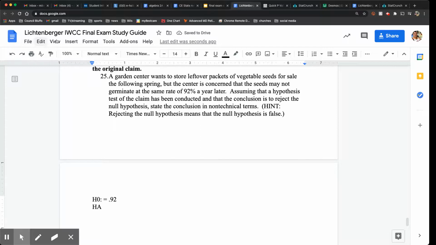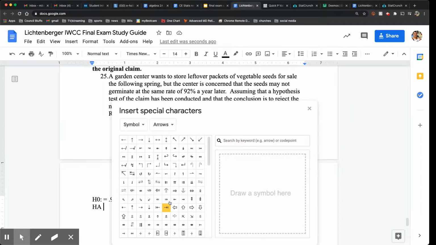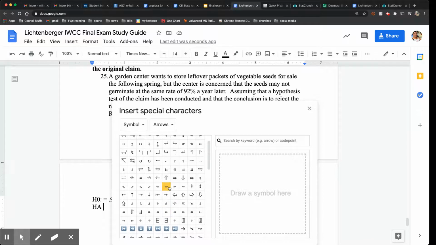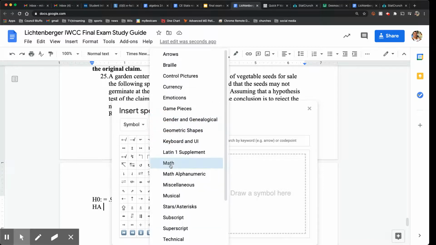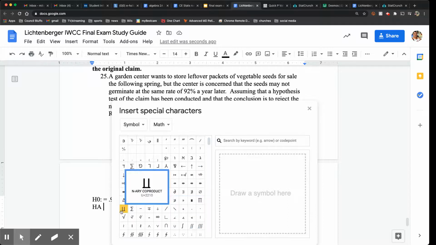If we were to do this, let me see if I can find the not equal to symbol.